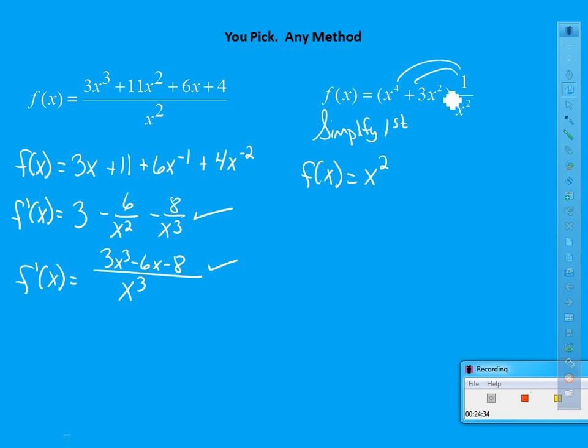Then I'm going to have 3x squared times 1 over x squared, which is just 3. So if you saw that it simplified, check out this derivative. f prime of x is 2x. I'm done. If you had done that using the product rule, it would go for a little bit. So, hey, there's what we got.